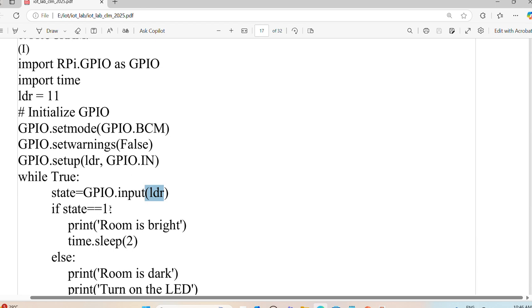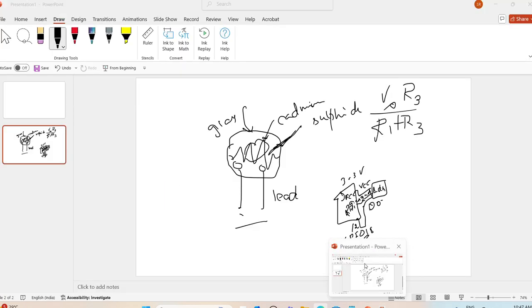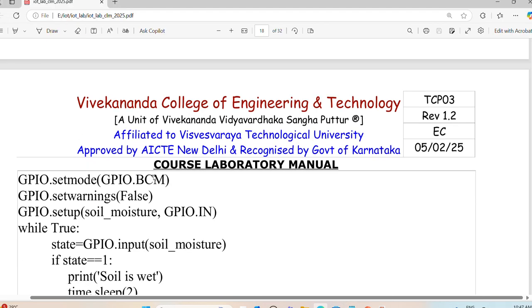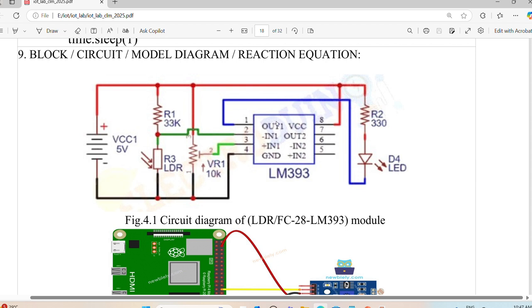Suppose I am receiving state 1, then it means the room is bright. State 1 implies that through the digital output pin you are getting value 1. But if I am using open collector output logic, the output which I get at the pin is negated. If the voltage at pin 3 is greater than the voltage at pin 2, then I get 1.